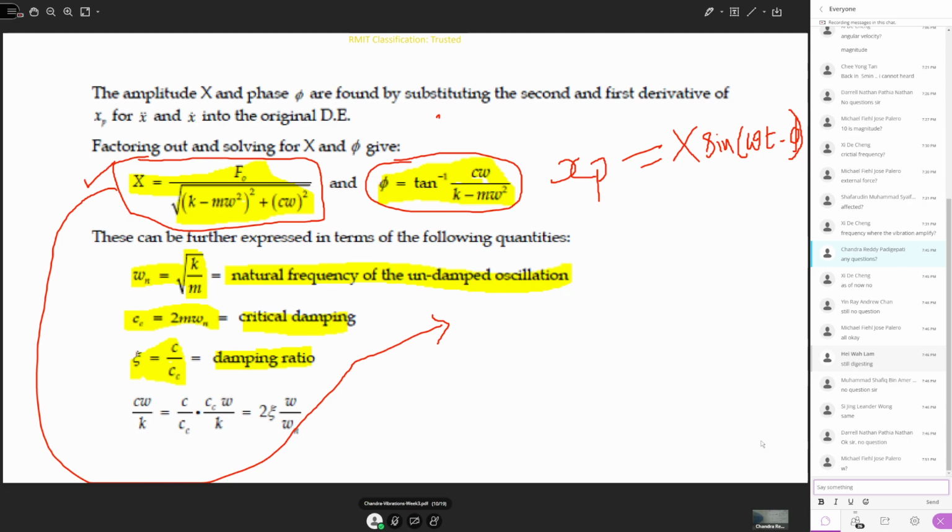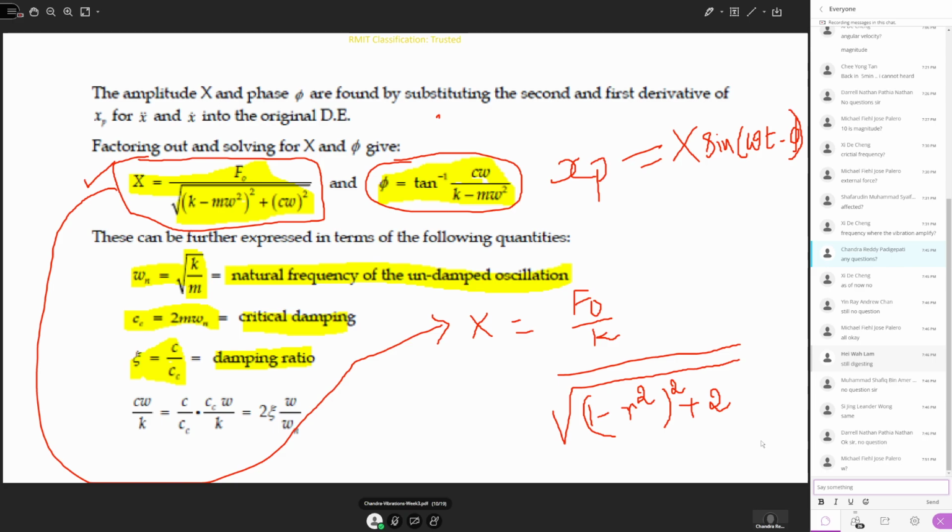So you can also write this as f naught over k, okay, this is a slightly simpler format, square root of 1 minus r square whole square plus 2 eta, eta is the damping ratio, r whole square.